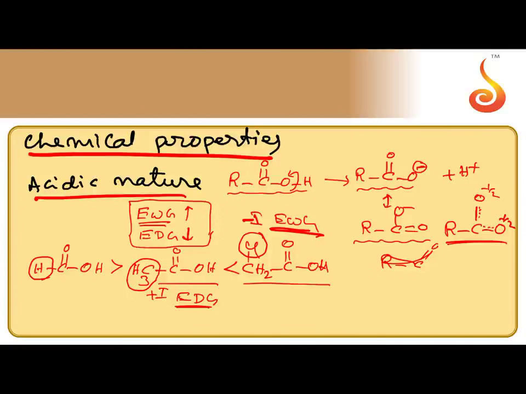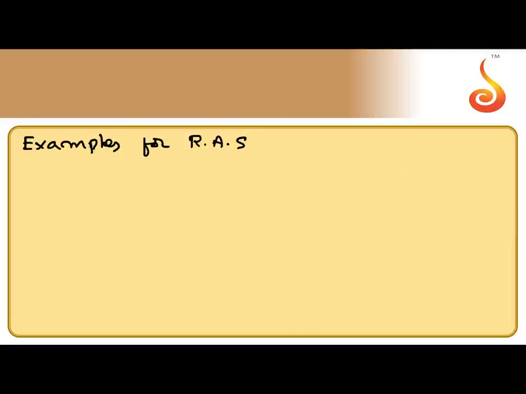So electron withdrawing group increases acidic strength, electron donating group decreases acidic strength. Few more examples. CH2Cl COOH is more acidic than CH3COOH because of minus I effect.